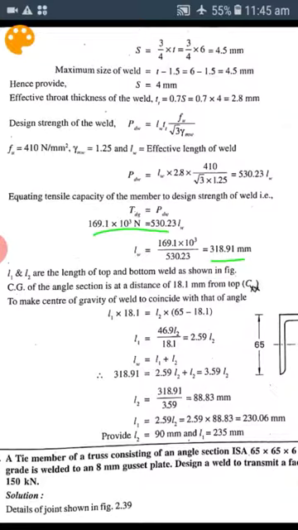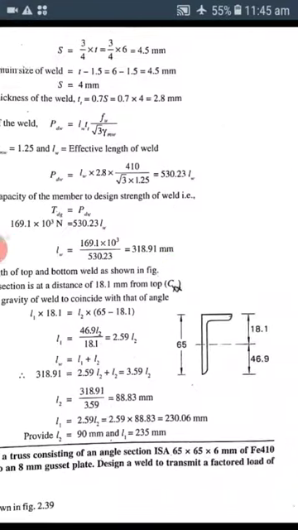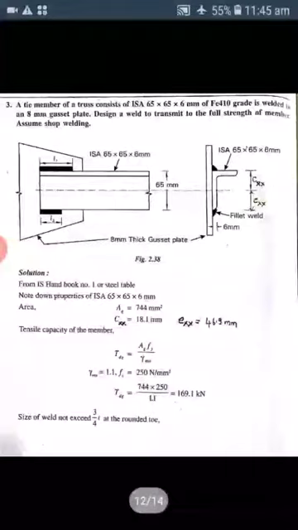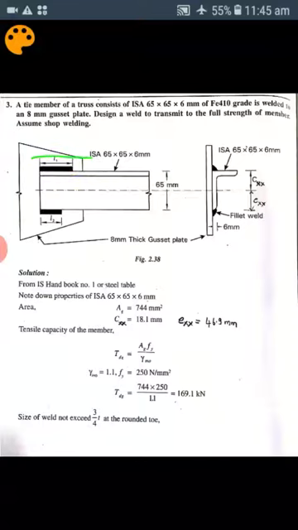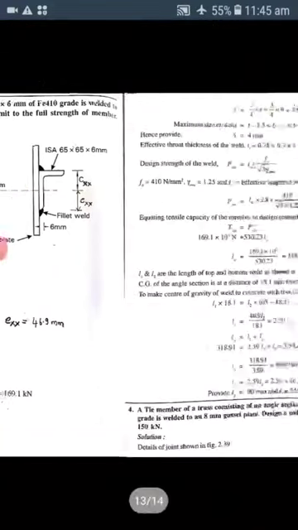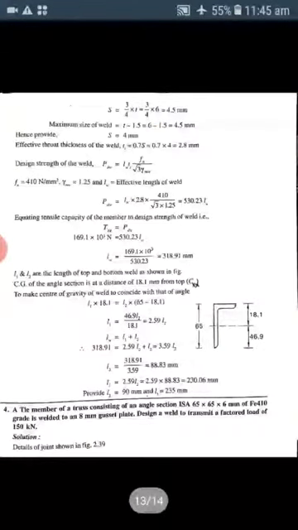Then L1 and L2 are the lengths of the top and bottom weld as shown in the figure. So here it is shown in this figure, L1 and L2 are the top and bottom lengths of the weld for the applied load. Then the CG of the angle section is at a distance of 18.1 mm from the top, that is Cxx.